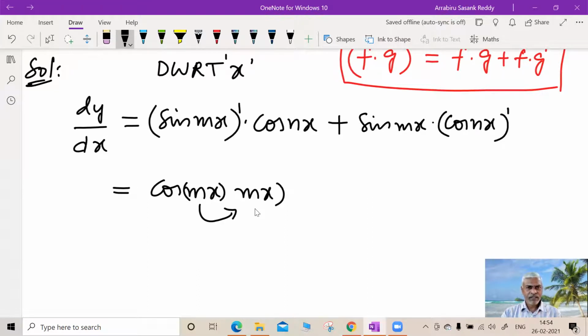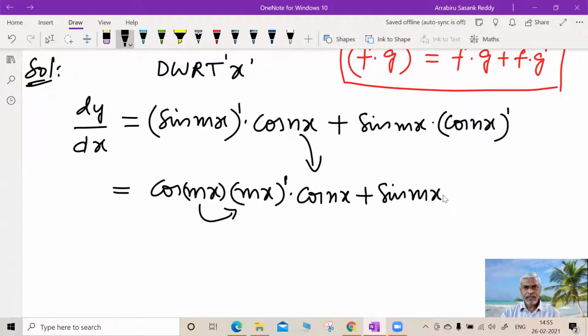So differentiation of sin mx is cos mx and differentiation of mx, and cos nx as it is, plus sin mx as it is. Now differentiation of cos nx.